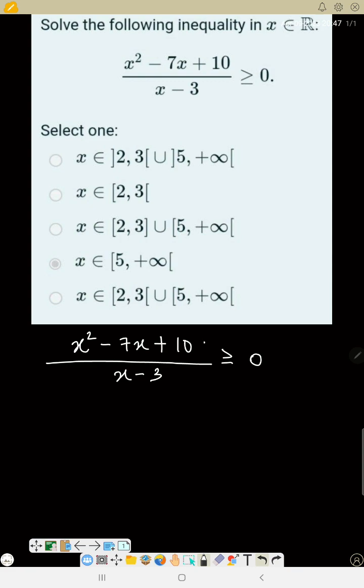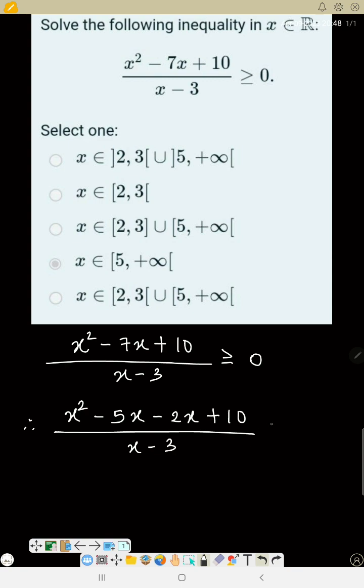So we have to factorize that numerator. You can watch my video on quadratic equation and how to factorize. So here we have two factors: x squared minus 5x minus 2x plus 10, divided by x minus 3, is greater than or equal to 0.